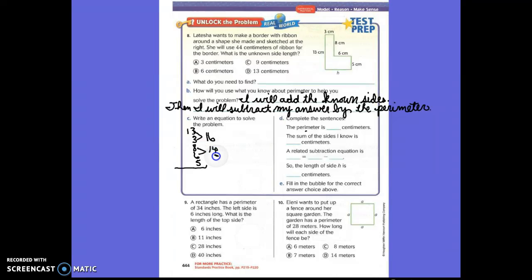Okay, and then we'll do 5. 9 plus 6. 15. Add 1. 30. Okay. So adding up all the sides that we do know is 35.